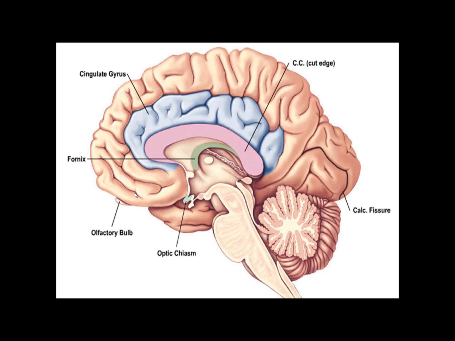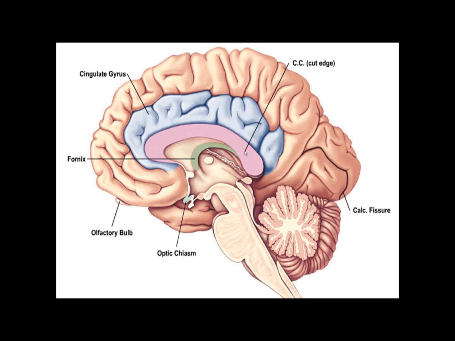Here they are, some of them at least, showing again in a sagittal section, showing the interior aspect of the right hemisphere. So we have the cingulate gyrus running from front to back, the anterior and the posterior cingulate having somewhat different structural characteristics and task orientations.